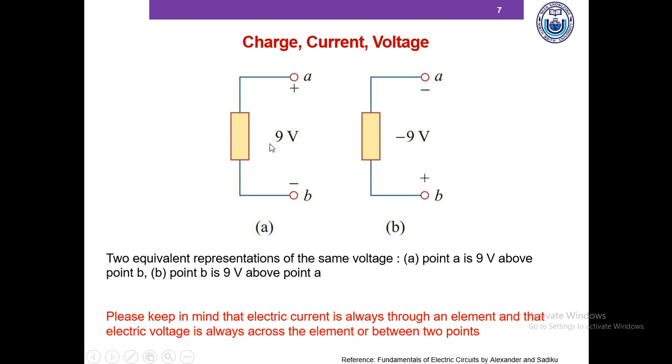In figure A, VAB is equal to 9 volts, and in figure B we have reversed the voltage polarity, and therefore we have added a minus sign to compensate for that. Please also keep in mind that the electric current is always through an element, and electric voltage is always across the element or between 2 points in a circuit.